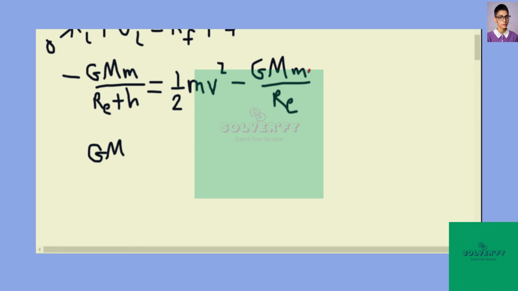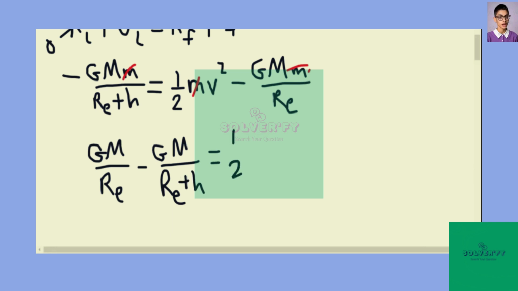Let's cancel these m's out. GM over R_E minus GM over R_E plus h equals 1/2 v squared.